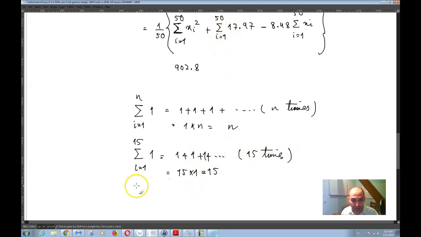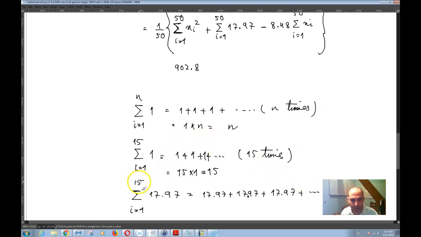Now, by the same logic, if I write sigma of 17.97 as I goes from 1 to 15, that's the same thing as 17.97 plus 17.97 plus 17.97 and so on and so forth.